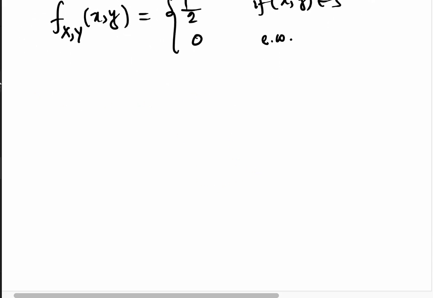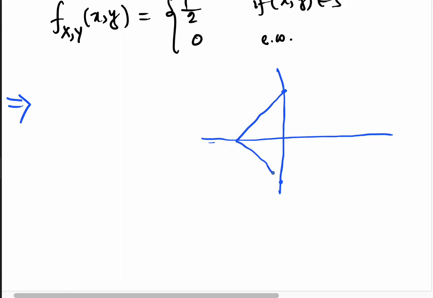The problem, if I pictorially draw it, the statement is the following. Suppose this point is (1, 0), this point is (0, 1), this point is (-1, 0), and this point is (0, -1).